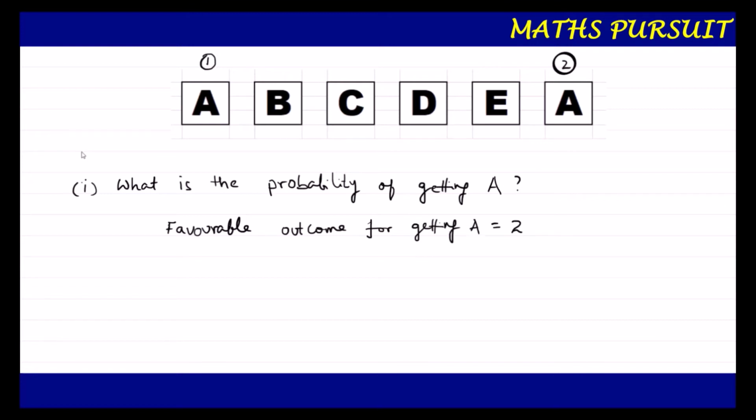And the total number of outcomes is here: 1, 2, 3, 4, 5 and 6. So I can write total number of outcomes is equal to 6.